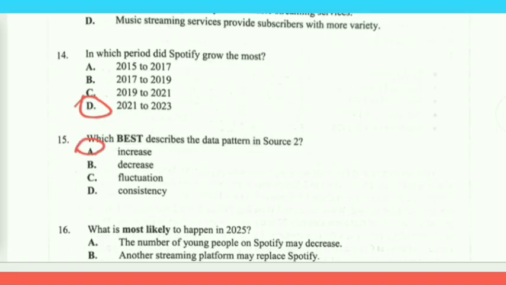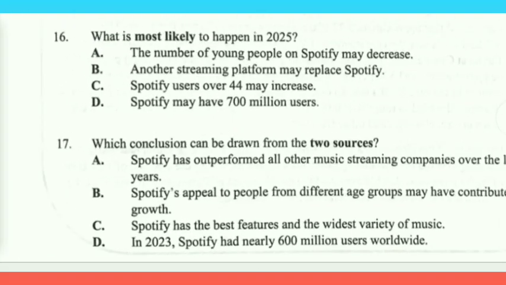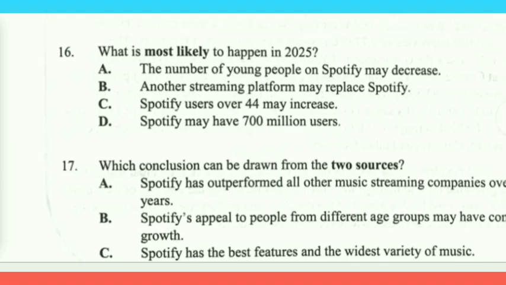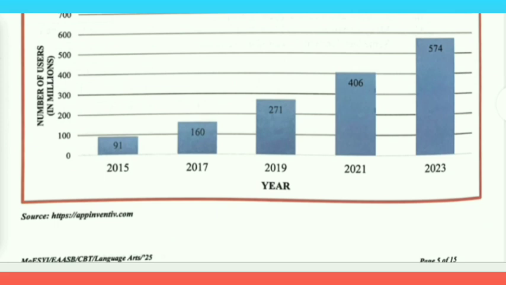Which best describes the data pattern in source 2? Right away we see it's increasing every year, it goes up. That's A. Number 16, what is most likely to happen in 2025? Let's see where we're at in 2023. We're going up by basically 1 million, 2 million, 1 million plus thereabout every year.